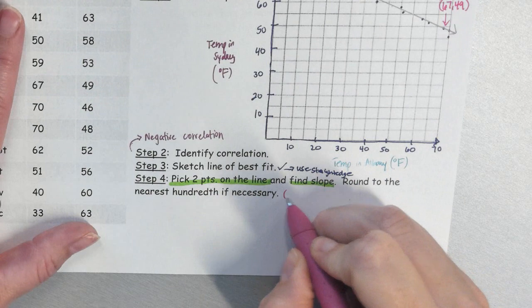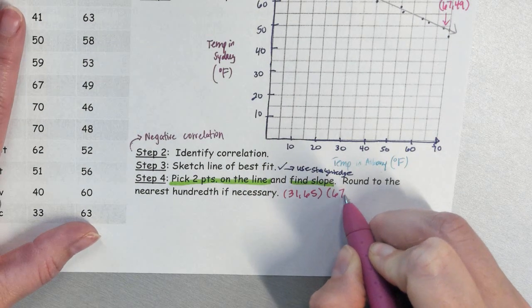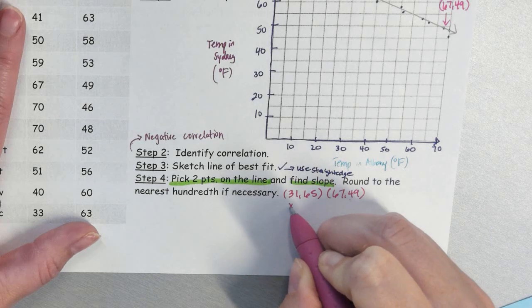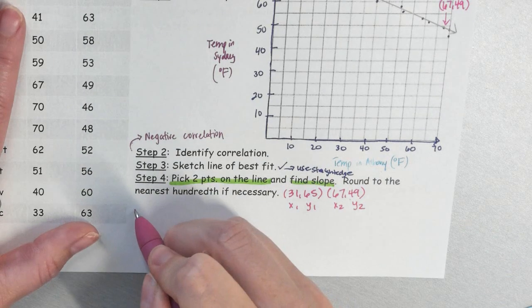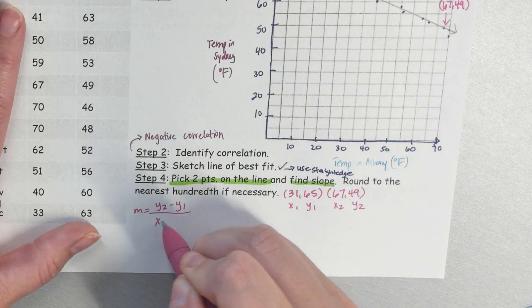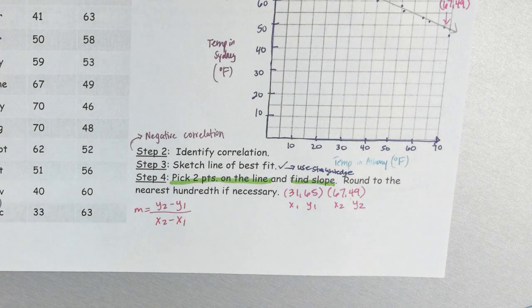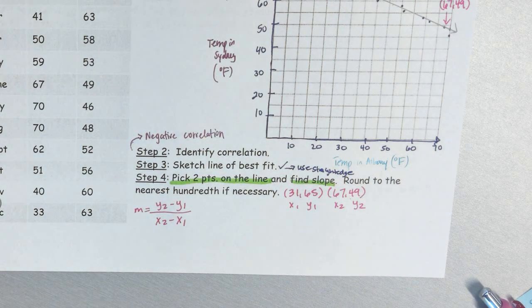But then once you have them, we're going to write them down. We're going to find the slope. This is my x1, y1. This will be my x2, y2. And I'm going to use my slope equation. Okay, so will you guys plug yours in and calculate, please? And then round to the nearest hundredth if necessary. Sometimes you might get a nice even slope.